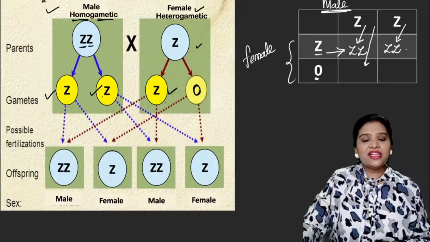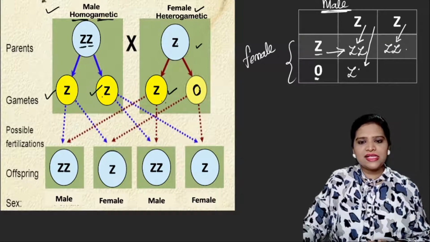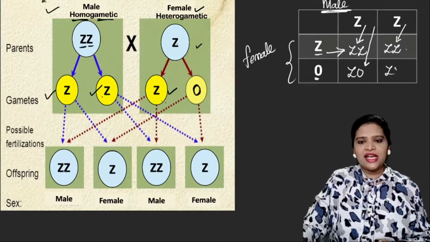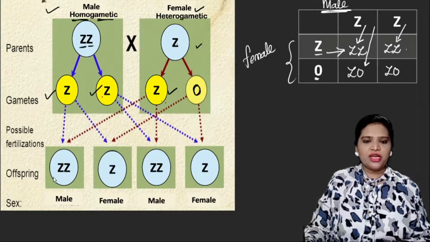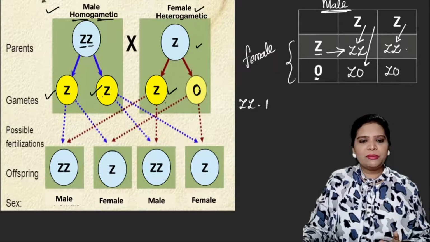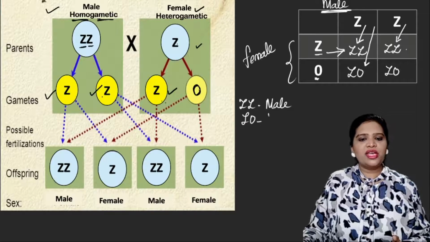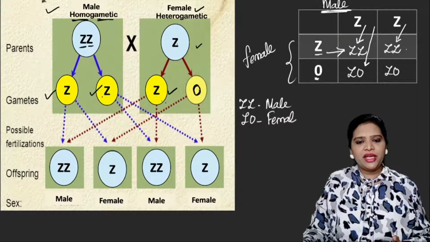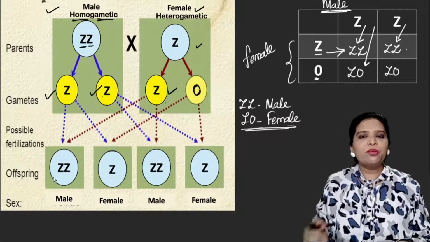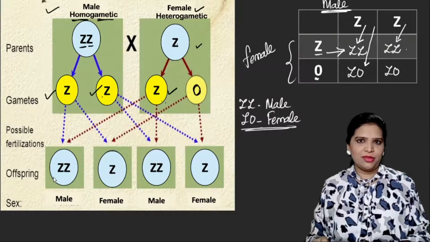If the sperm with the Z chromosome combines with the egg with no chromosome, this results in the Z0 combination, and again here the Z0 combination. So the butterflies with ZZ chromosomes will be male and the butterflies with Z0 combination will be female. Understood? So this type is called the ZO type of sex determination.